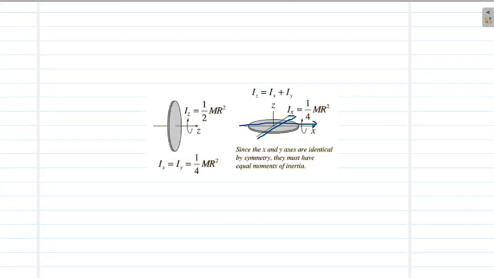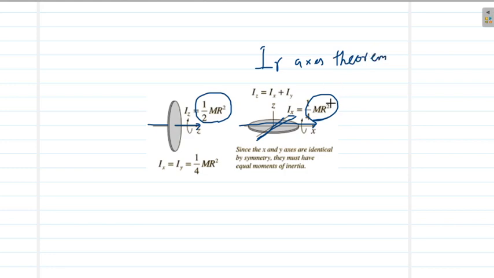So that means the moment of inertia of this disk about an axis passing through the diameter is m r squared by 4. About an axis passing through the center and perpendicular to the plane of the disk, it is m r squared by 2. And passing through the diameter, as we have obtained from the perpendicular axis theorem, it is m r squared by 4.